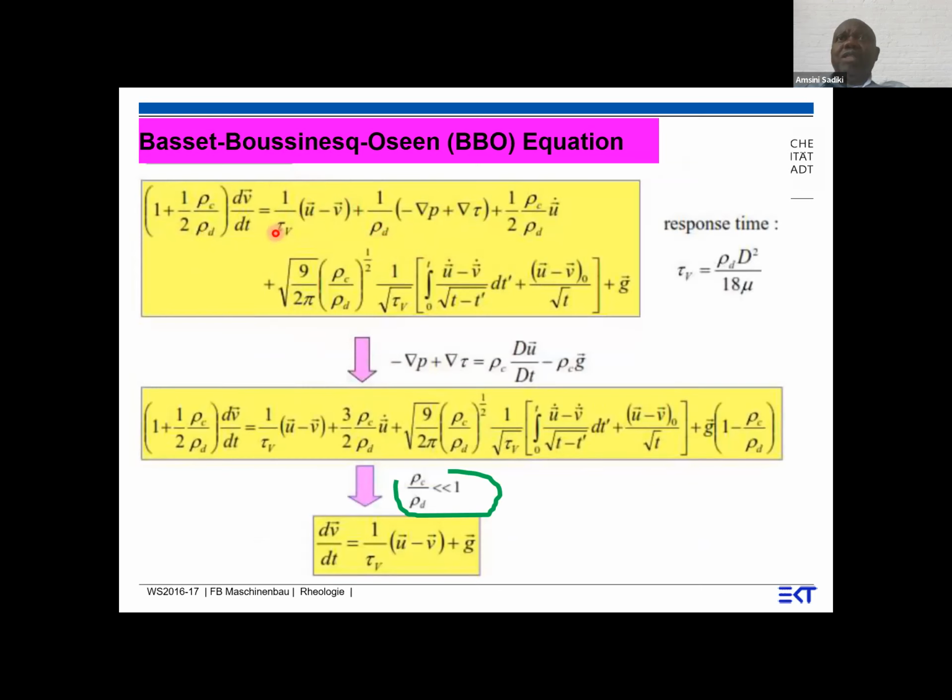If we do this, we obtain our response time, our particle relaxation time, as we did already. And we have divided by the density of the particle. Here we have the ratio between these two densities, and here too.